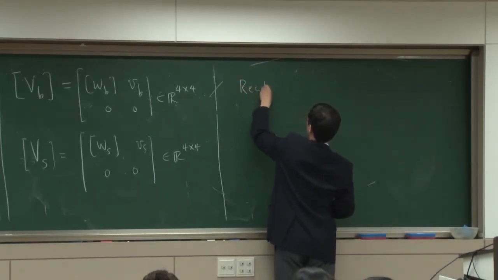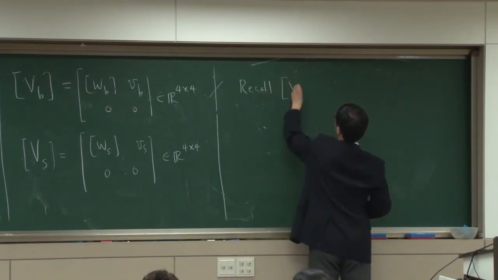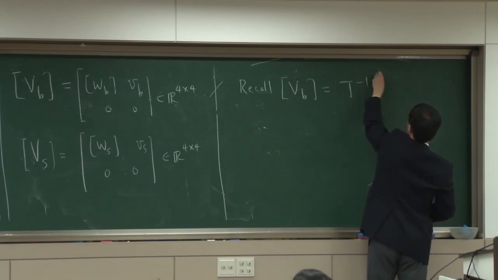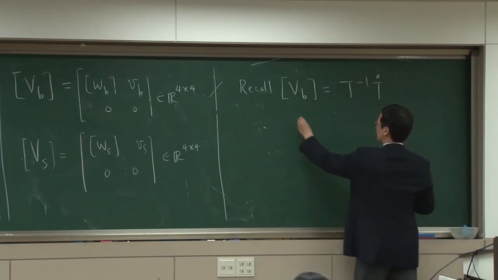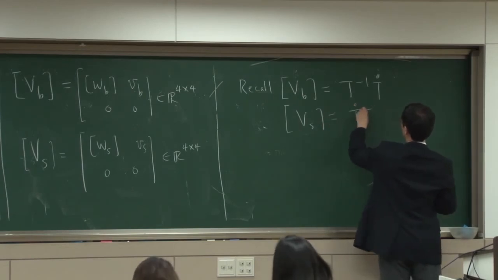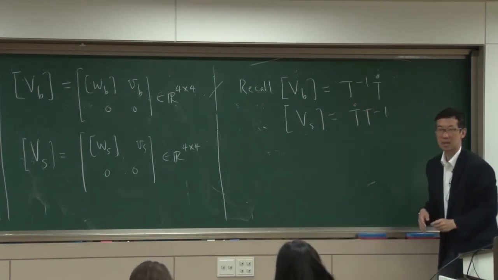Recall V sub B was in fact T inverse T dot, and V sub S was T dot T inverse.